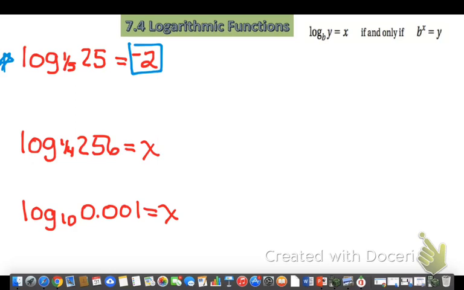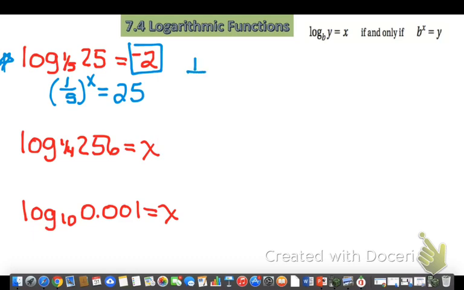But let's imagine we didn't know. So I would write it as 1/5 raised to the power of x equals 25. And we have to ask ourselves, how do we get this to equal 25? So remember, I have the answer as -2. So that means we know if we have a fraction and we have a negative, it's going to be the reciprocal. So let's look.